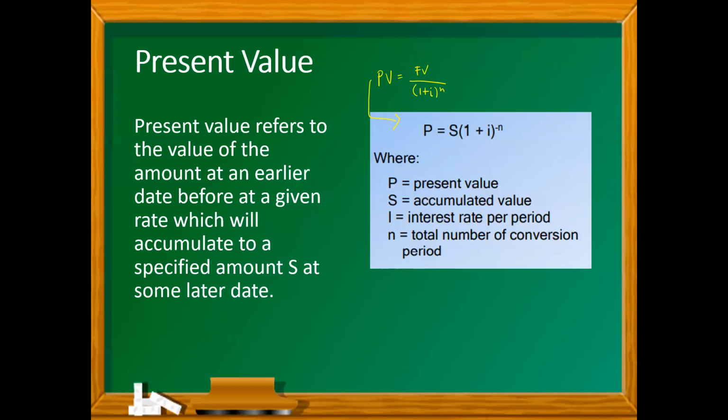Now, how do we calculate the present value using the formula on the screen? Present value is calculated by taking the future cash flows expected from an investment and discounting them back to the present day.